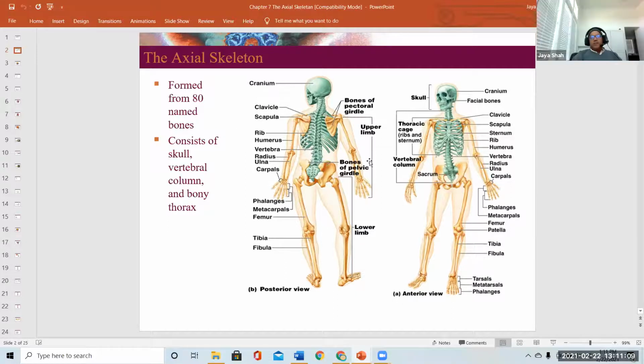And then the appendicular skeletons here, they are the upper limbs and the lower limbs.